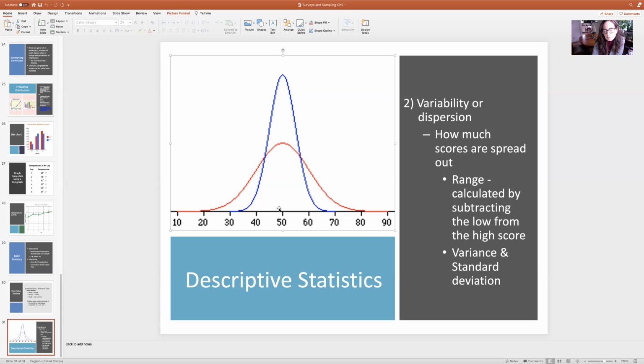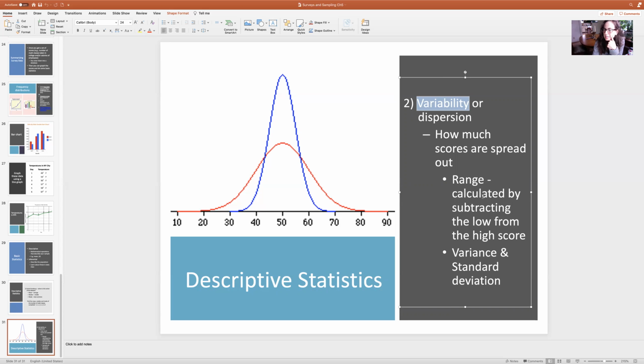But in the blue line distribution, you can see that the scores only go from about 35 to 65, whereas in the red distribution, they go all the way from 10 to 90. So what this variability does is it tells us how far the scores range to either side.